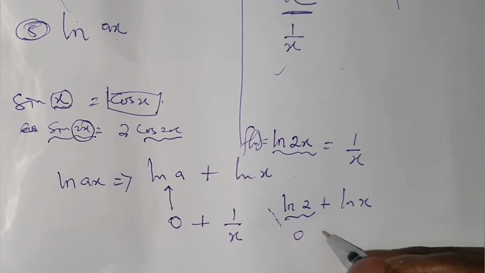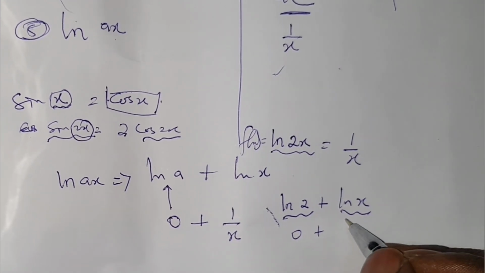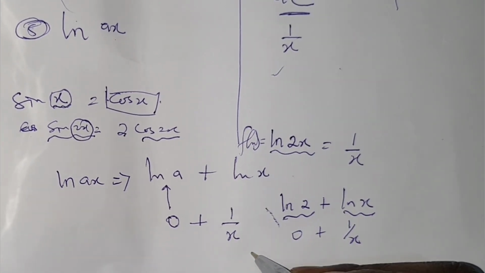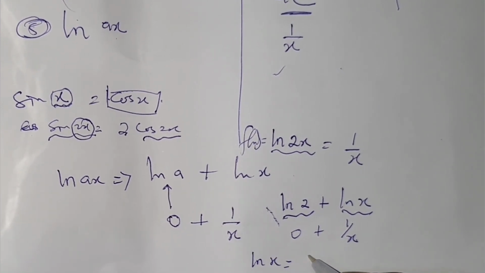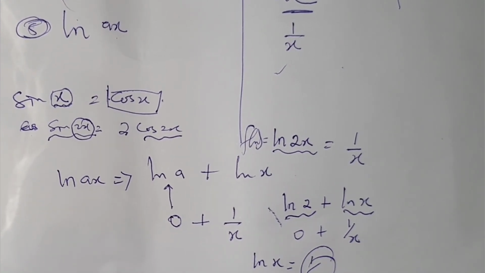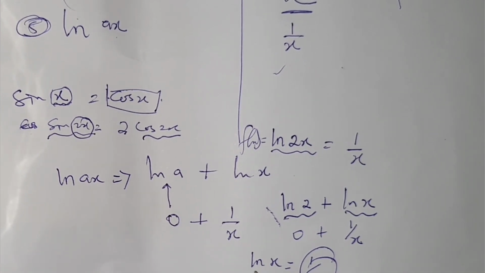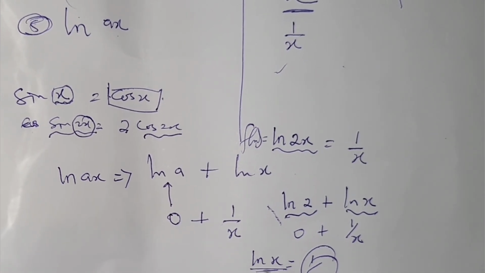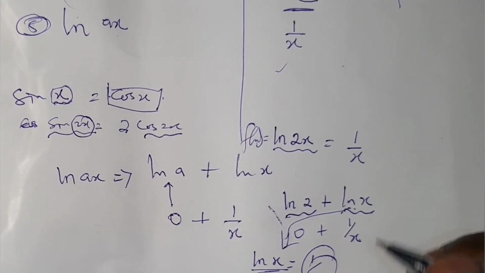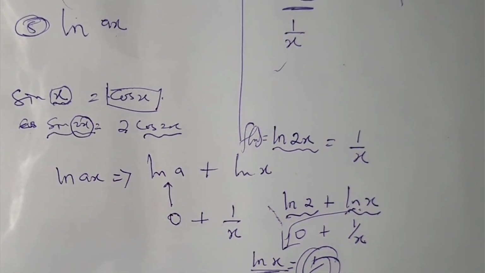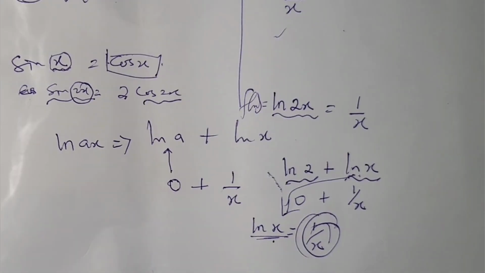This gives you 0, and this gives you 1 over x. And in the same way, if you're given ln of x, the differential of ln of x still becomes 1 over x. This is the same as this. You see that. All right. I hope this video is very clear and you understand it.